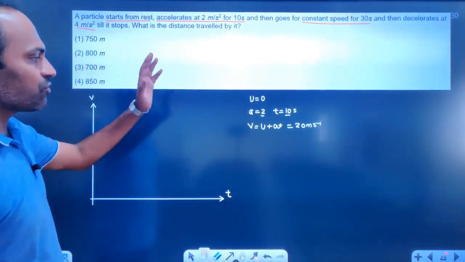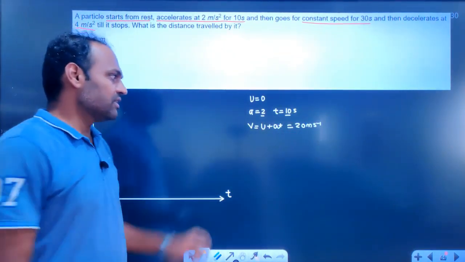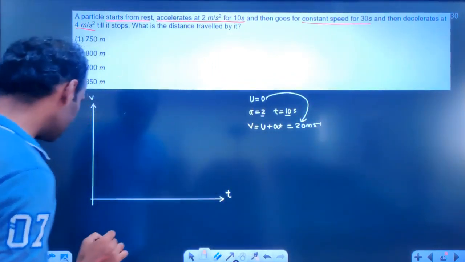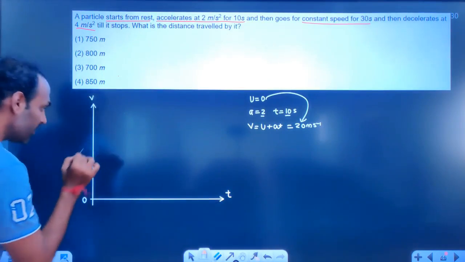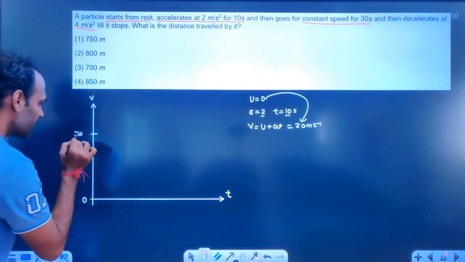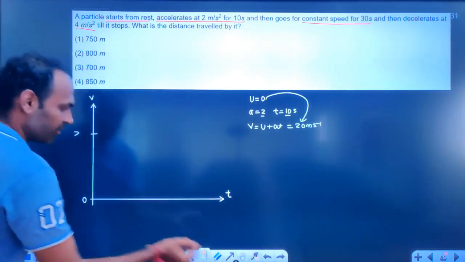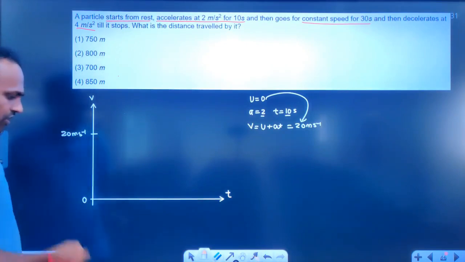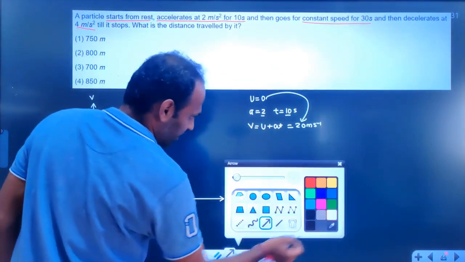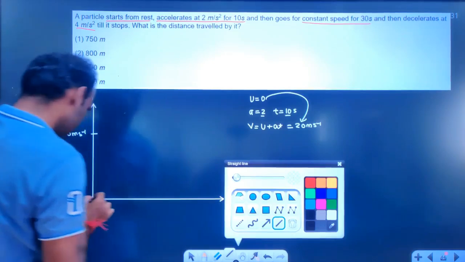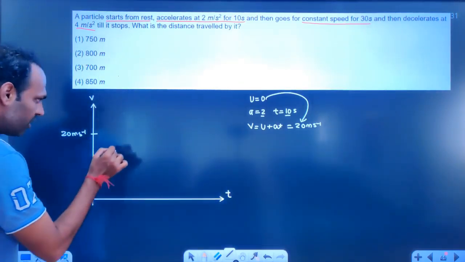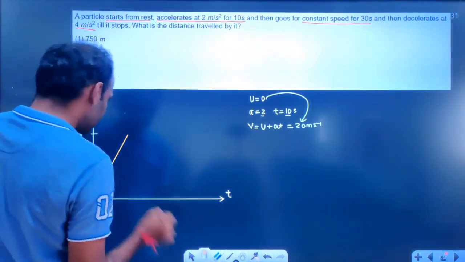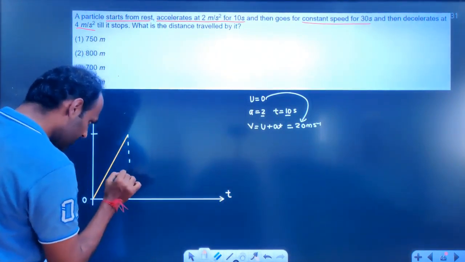So within the first 10 seconds, the velocity goes from 0 to 20 meter per second. Here the velocity is 0, and here the velocity is 20 meter per second. To reach 20 meter per second from 0, how much time has it taken?